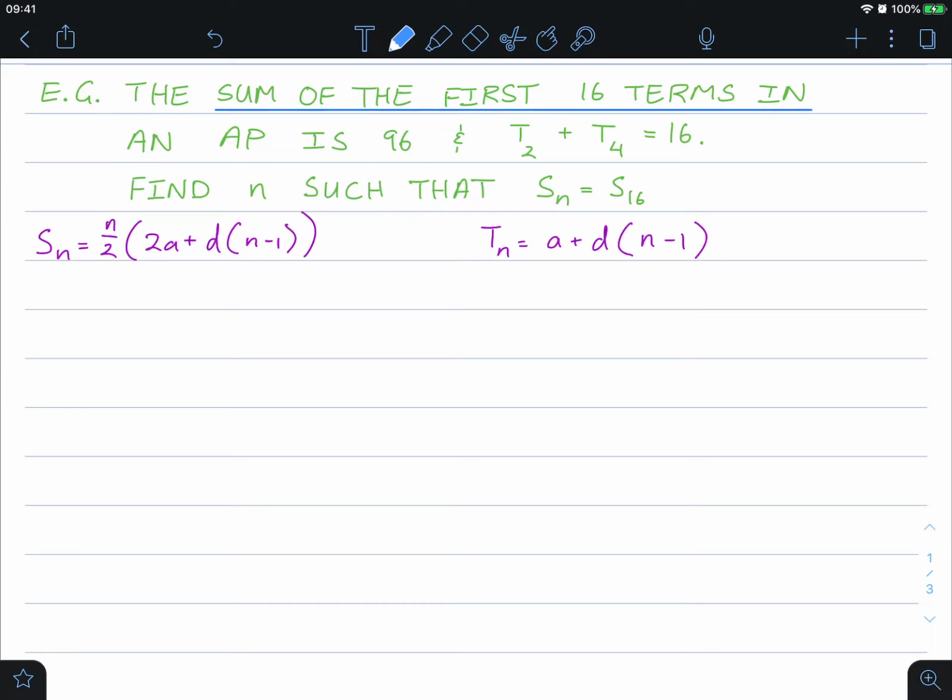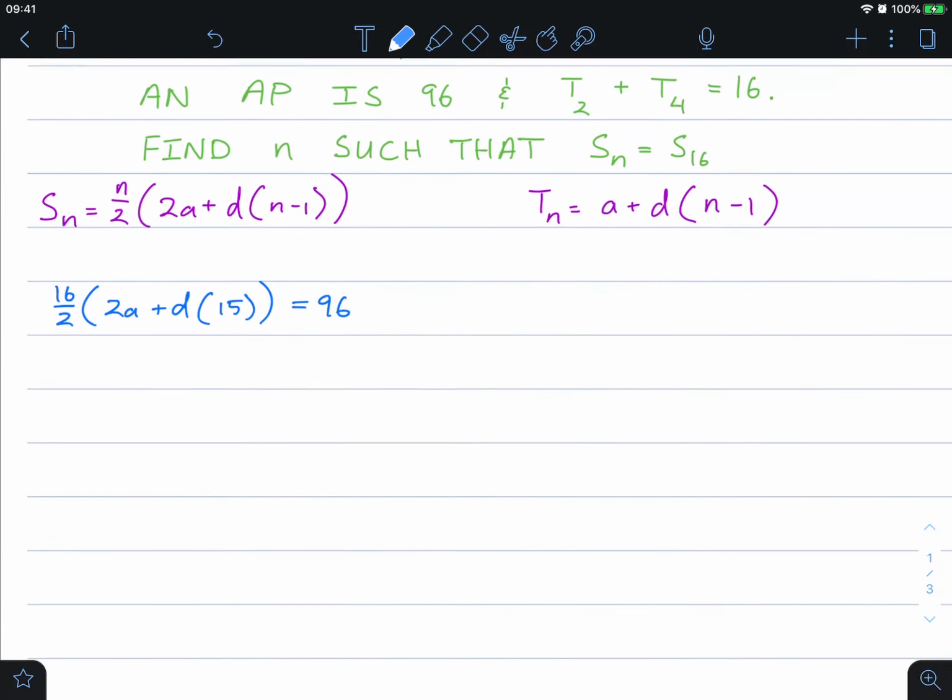The sum of the first 16 terms is 96, and it's an arithmetic series because we're being told that. So the first 16 terms, so 16 over 2 of 2a plus d, 16 take away 1 is 15. It's equal to 96.